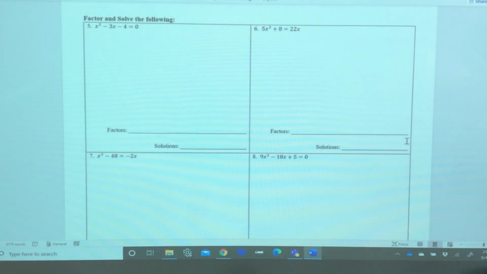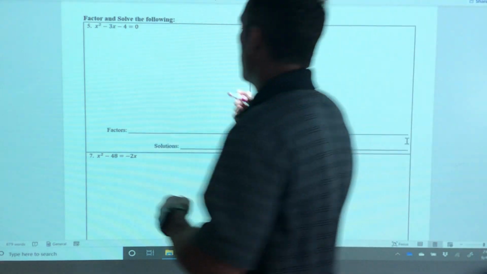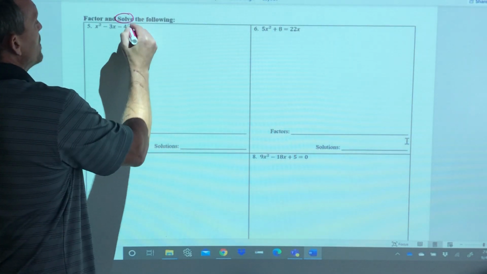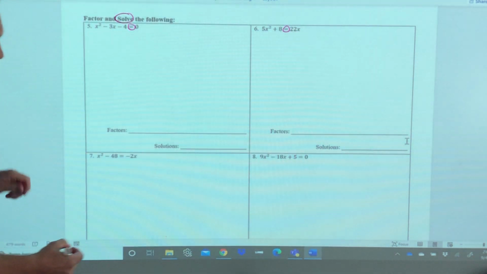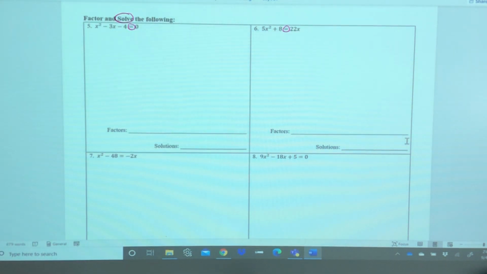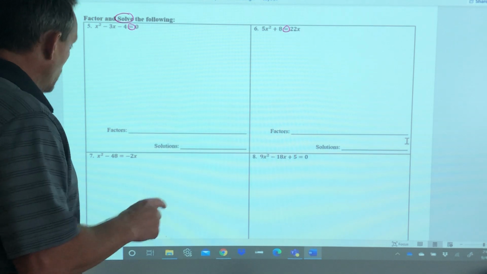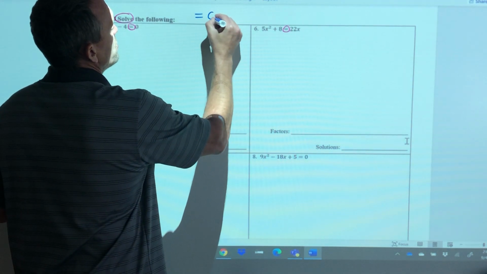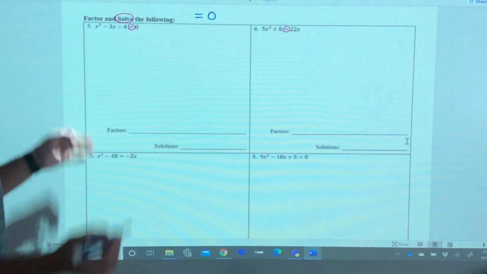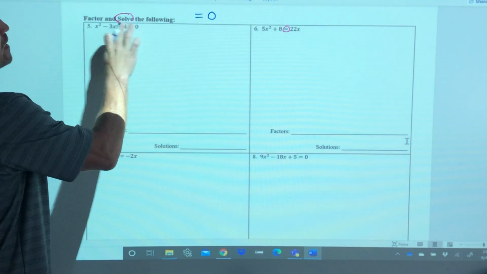How do I know I want a solution? Number one, it'll say solve, but the biggest thing, it'll have an equal sign. So the first thing you do when you do this is it has to be equal to 0. Whatever it is has to be equal to 0.